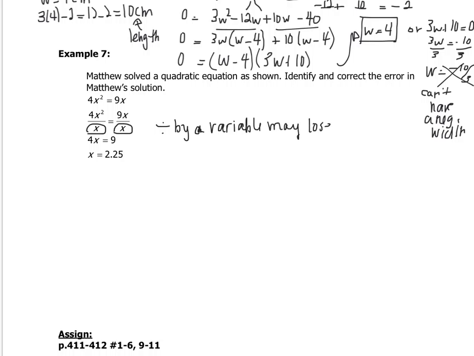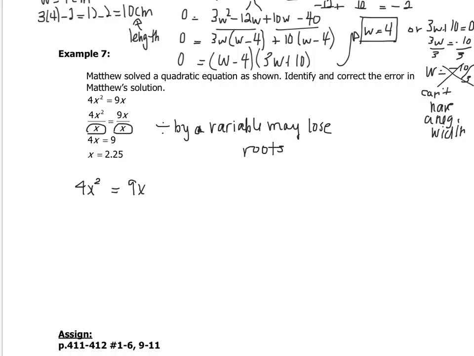You may lose roots because you're dividing out the x's. We don't know what x is, so if you divide it out, you might be losing a solution.